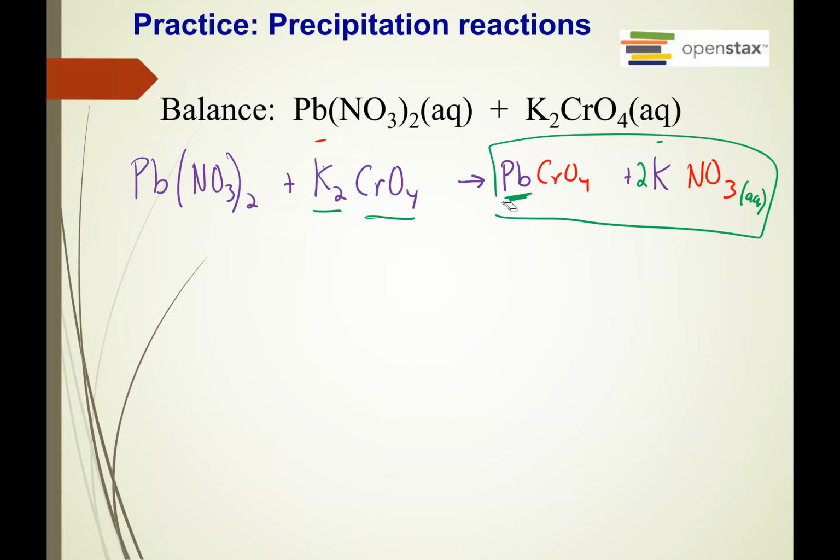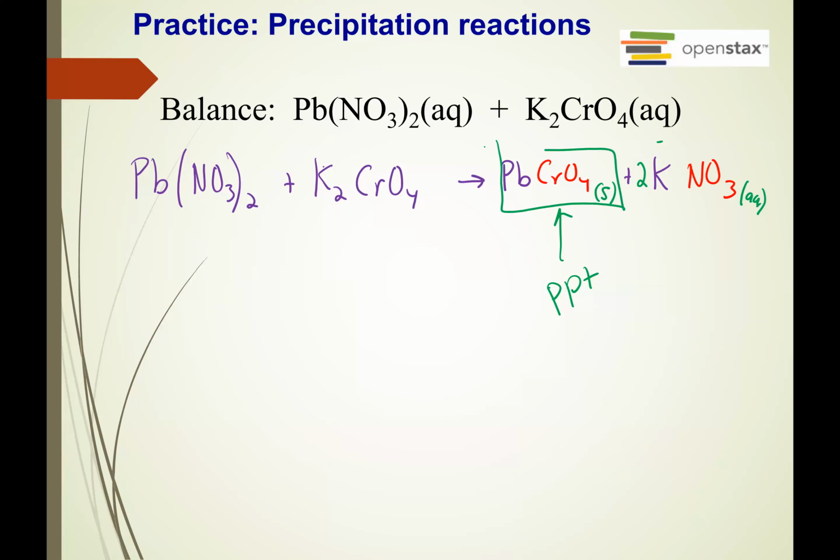So therefore, this is our solid. And so this would be our balanced chemical equation. That is our precipitate, or our solid that we have, which is different than these, which are all aqueous.